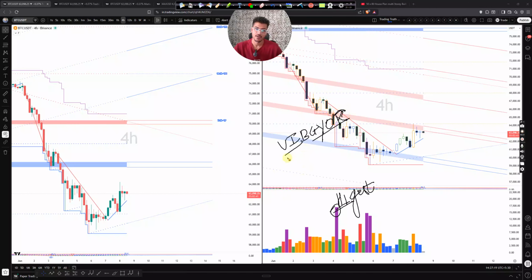V is violet, this one. I is indigo, B is blue, okay, G is green, right? Y is yellow or orange, this one. And then R is red, right?